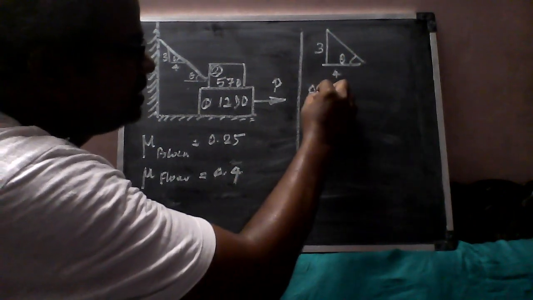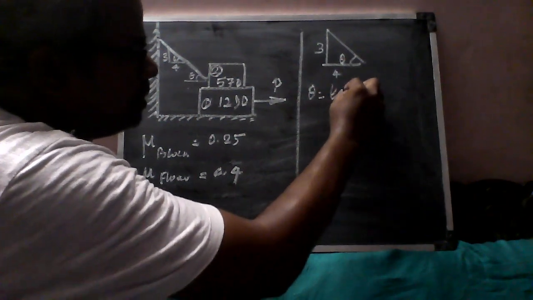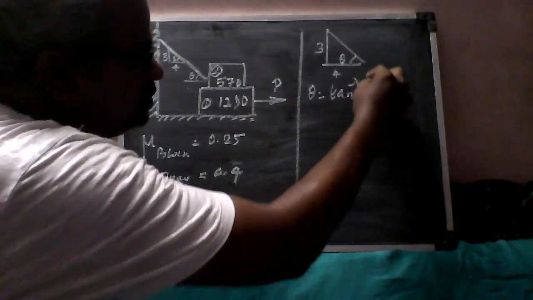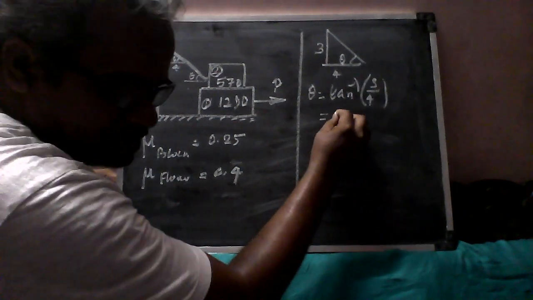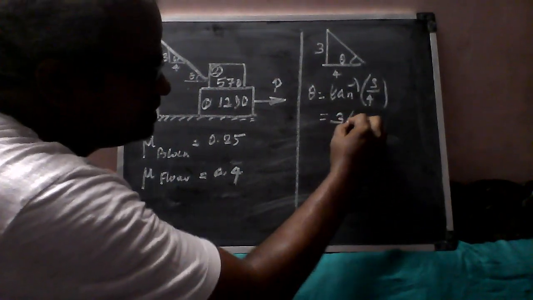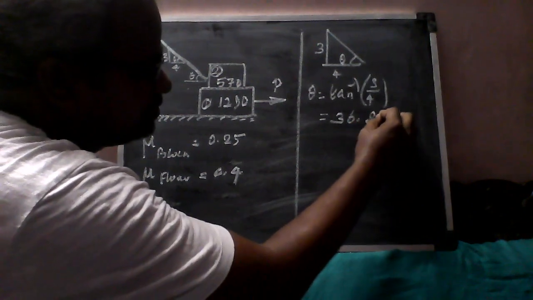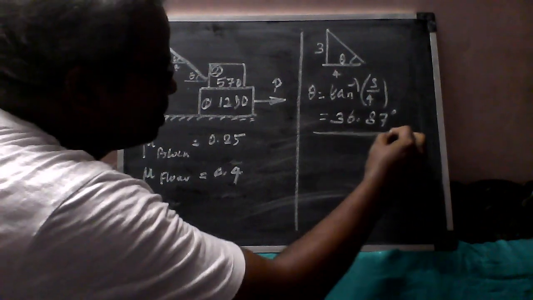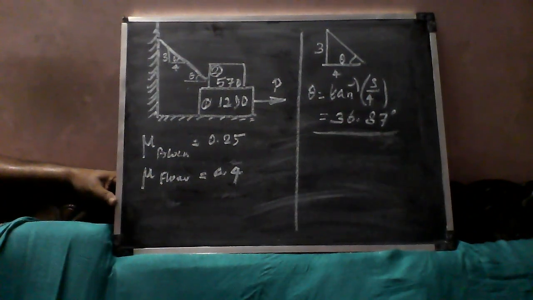So theta will be tan inverse of 3 by 4, which is nothing but 36.87 degrees. So the angle we have got.